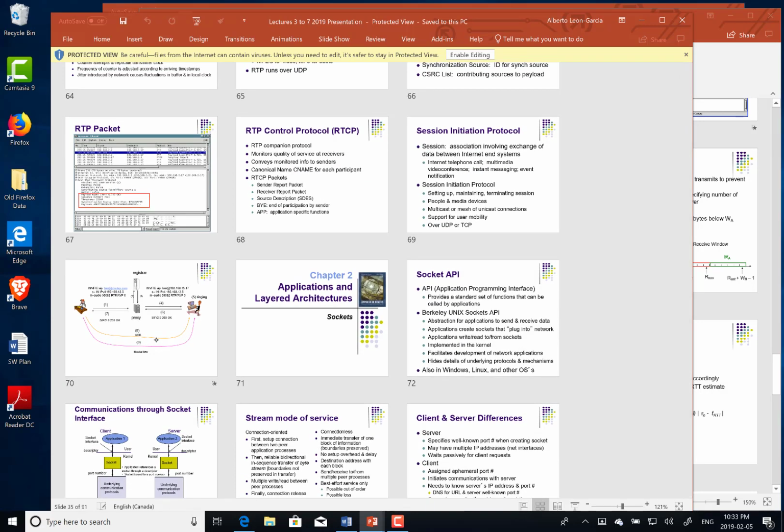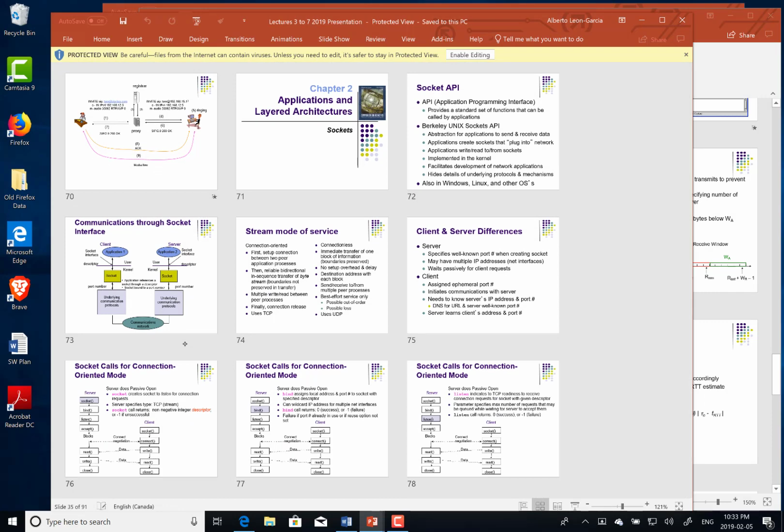We introduced the Session Initiation Protocol, which provides some of the signaling functions that the old telephony networks provided to set up the connection, establish the association between this machine and this machine so that they can exchange voice packets.